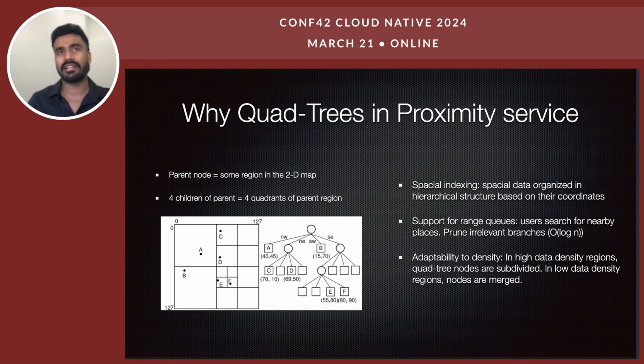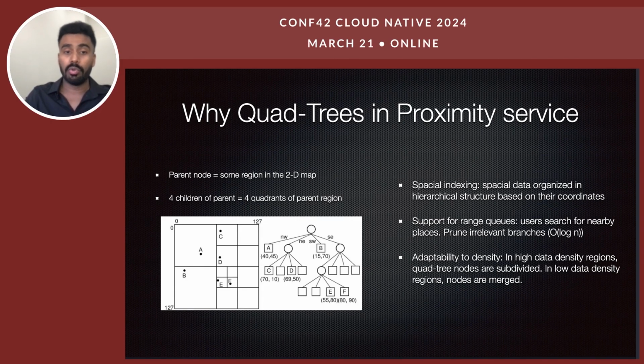It is just like regular indexing, but applied on the coordinates data, like a 2D map, which I just explained. And of course, range queries similar to B tree, where we go through certain nodes. We don't have to search through the entire nodes. Again, log n complexity, really quick.